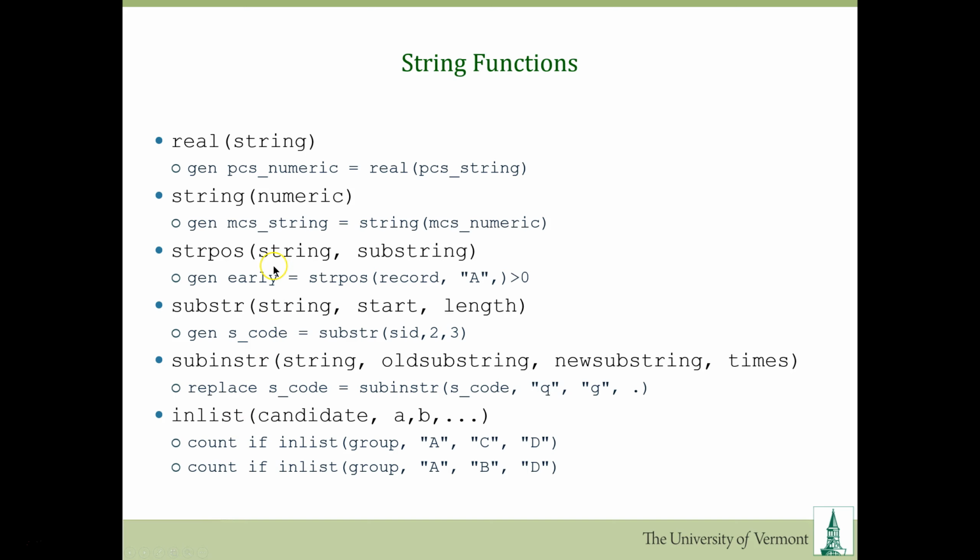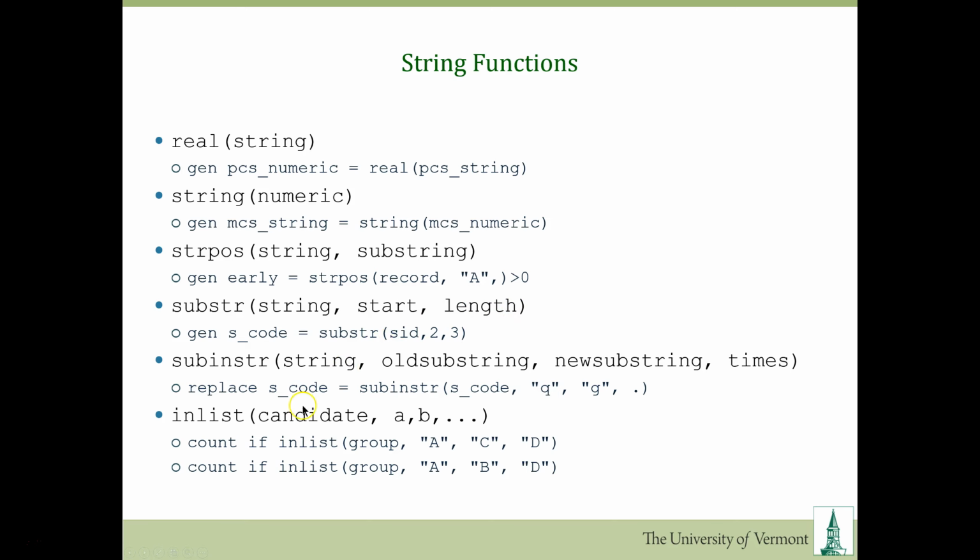Now, we've got another string called SID, subject ID, and perhaps we don't want to find a string as this one does. We want to pull out a substring. So we start with our string and we say from character start for this many characters. Pull that out and stick it in a new string.